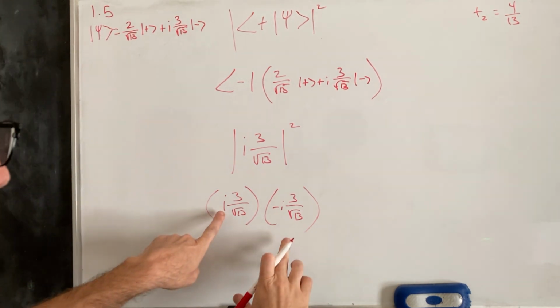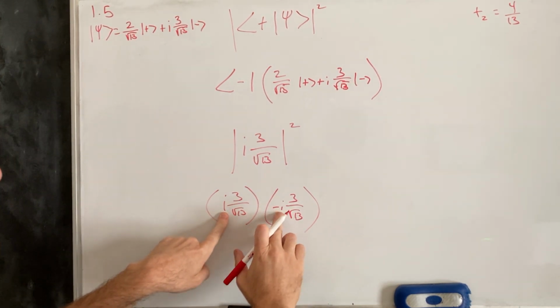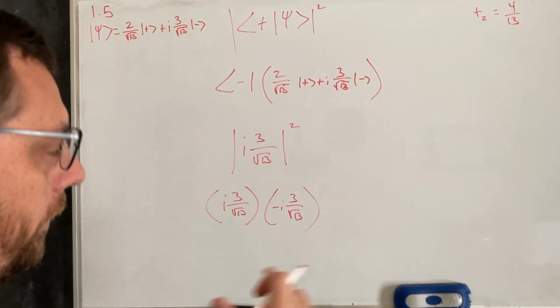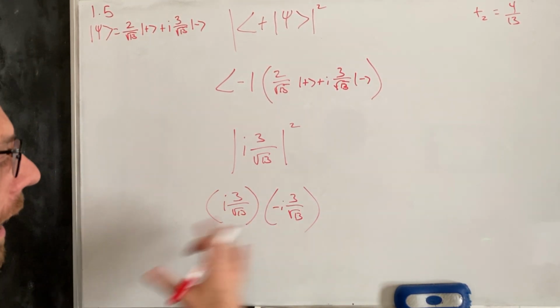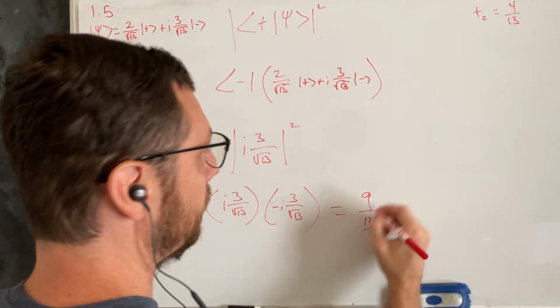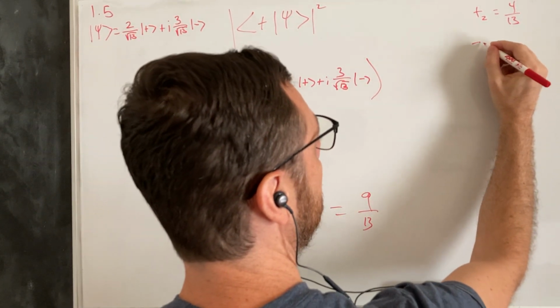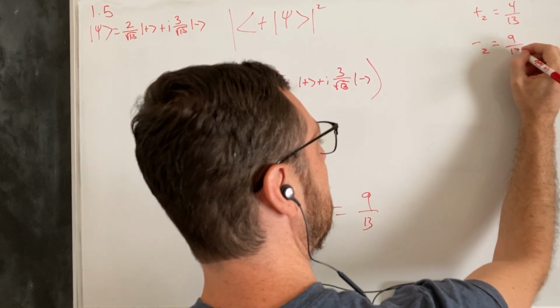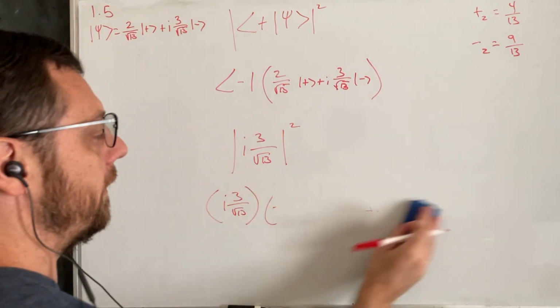And what we get is i times negative i, which is negative i squared, and i squared is negative 1. So negative and a negative is just 1. So our i's cancel out, and we're left with 9 thirteenths, which is what we expected. So down in our z direction equals 9 thirteenths. All right, so that's for our z direction.